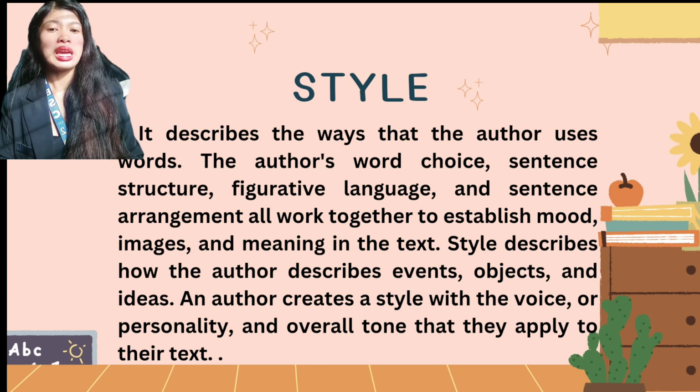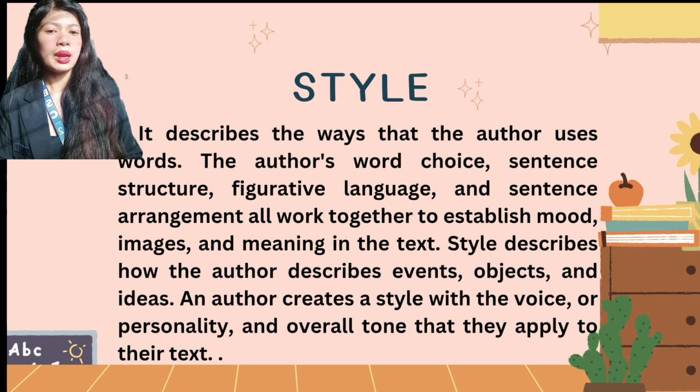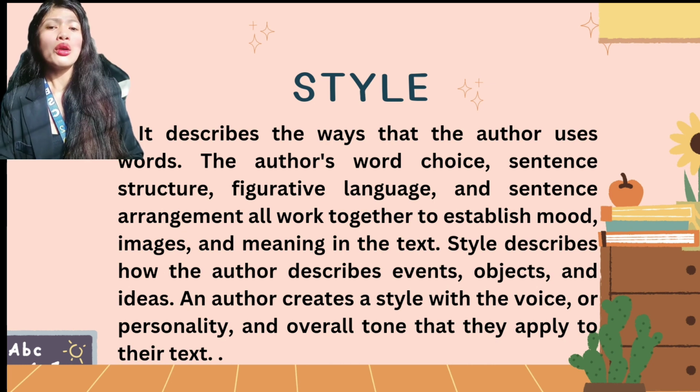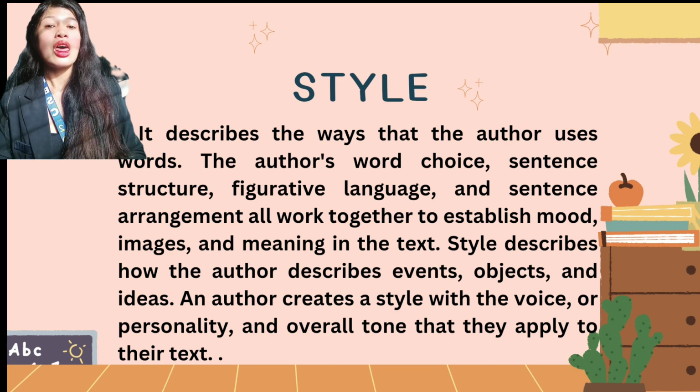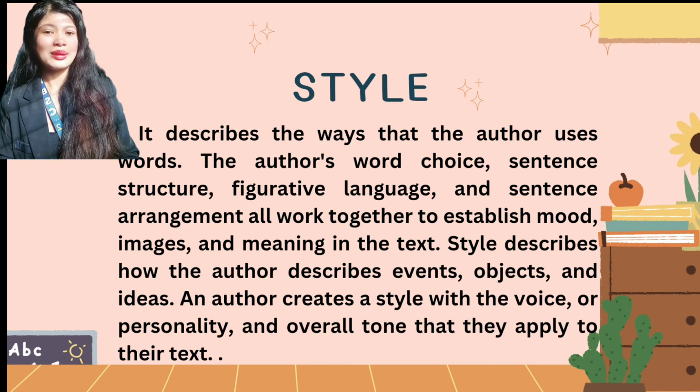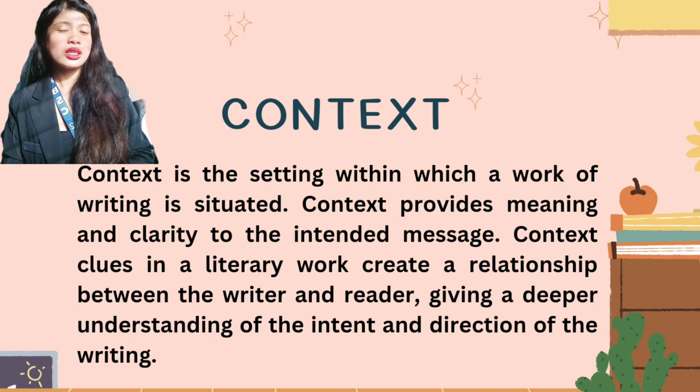An author creates a style with a voice or personality and overall tone that they apply to their text. A writer's style can change depending on the type of writing they're doing, who they're writing for, and their target audience.